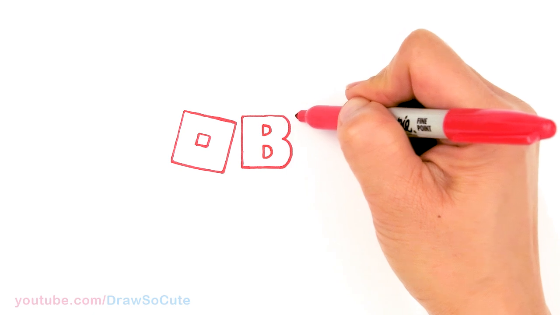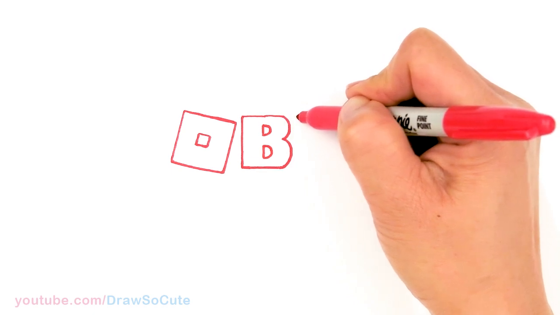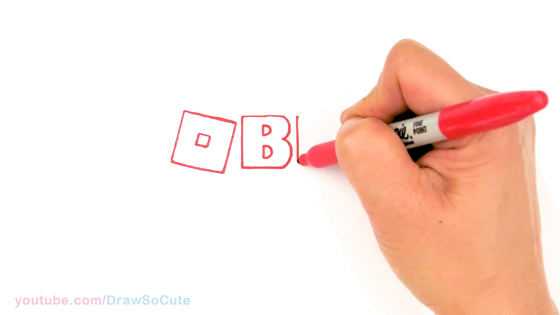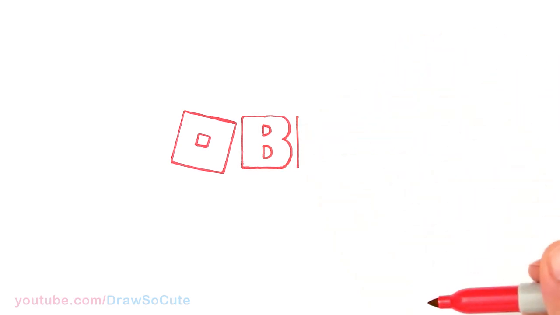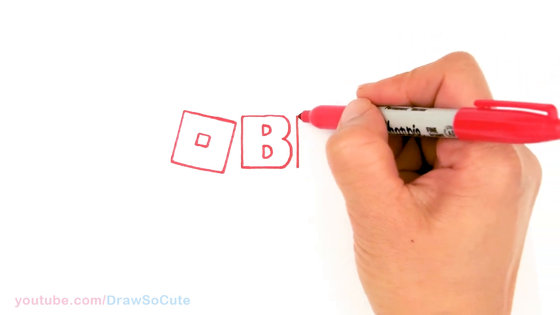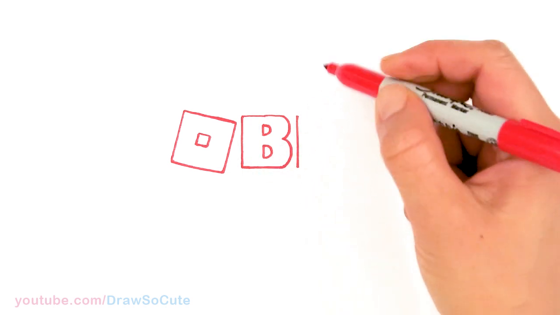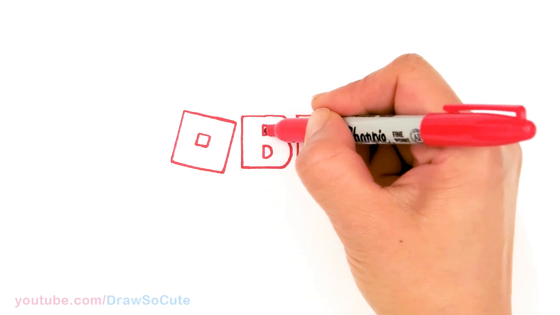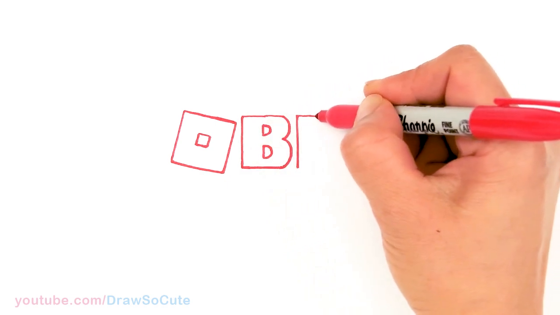So once again, continuing straight across, say about right here. Come straight down again. And I'm going to go across. So once again, almost the same width. And this side's going to be pretty thick, just like the B right here.